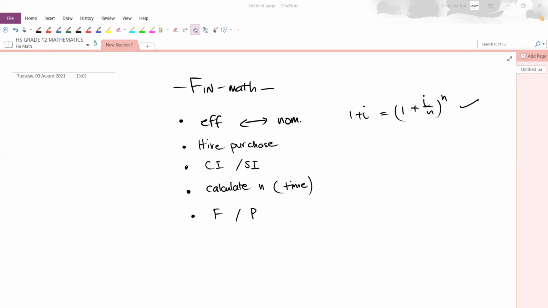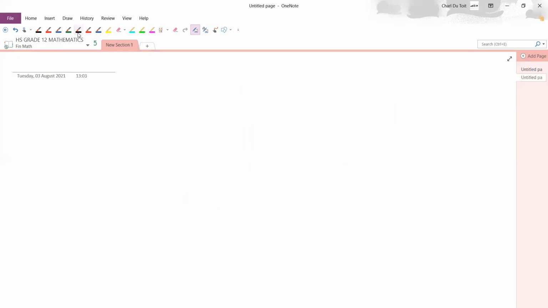Okay, let's just start and just make sure that you can actually calculate n. You have to start there. So let's just make sure we can do that. Let's assume that we're going to start off with investing, let's say 30,000 Rand at 9.2% per annum, and that is compounded monthly.